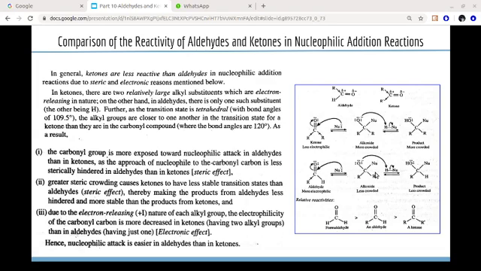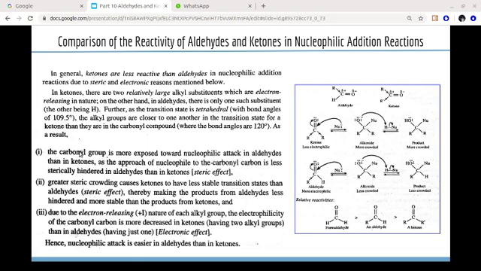Then after the addition of a proton, we will get a product that is also less crowded. Here we have one hydrogen; this R is wrong, we have to replace it by H, it is a mistake.